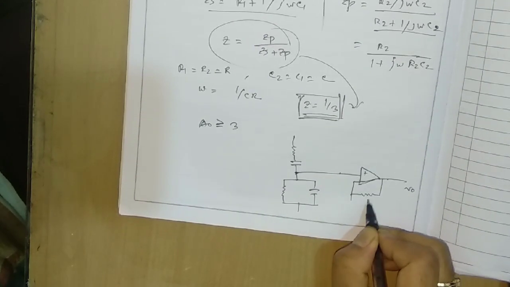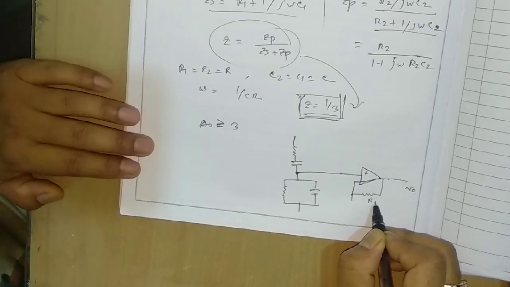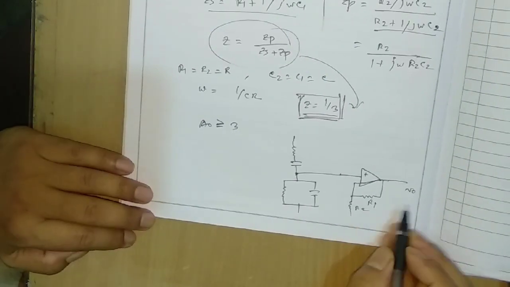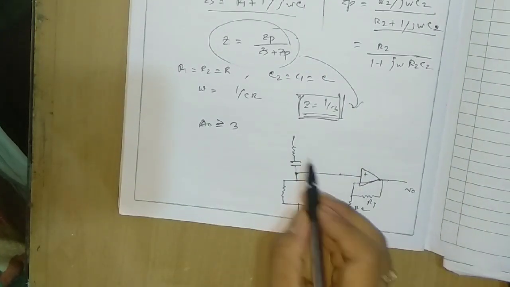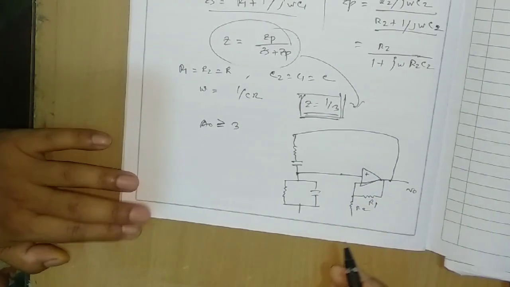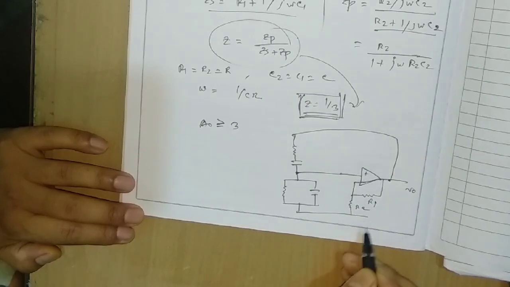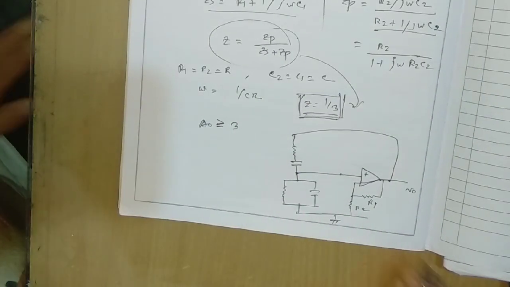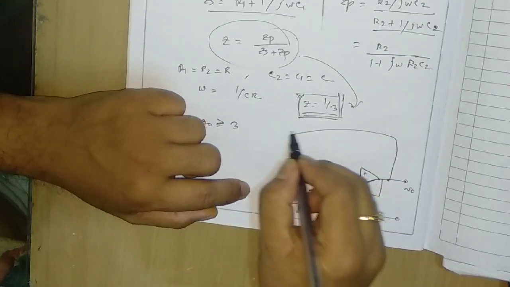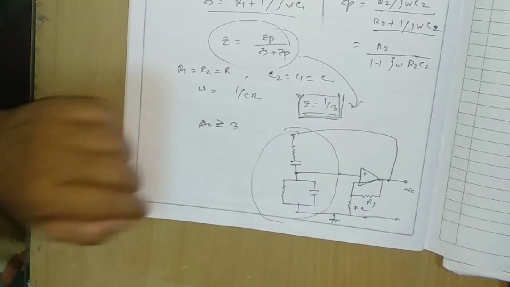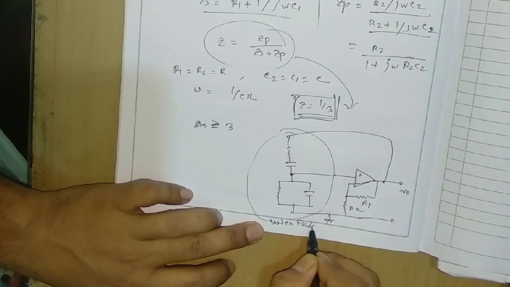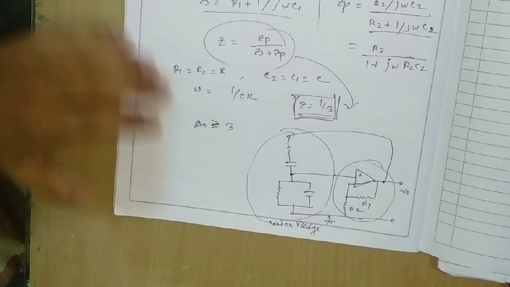We are adding feedback resistances R1 and R2 with the op-amp. So we have a feedback, so this input will be going to here, and here we have our ground. So this is our output, this is our feedback path, this is our Wien bridge. And this is our amplifier.